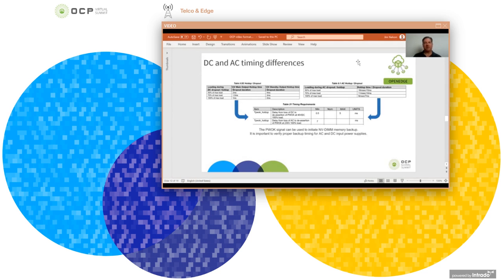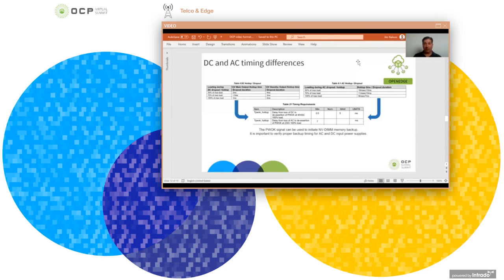This is because the power supplies have input capacitors that hold up the power supply to operate normally briefly if they lose AC to DC or DC input. But due to the physical size of input capacitors available for each, there's much more energy storage available for the higher voltage AC input, which is why the 7 milliseconds is a minimum.